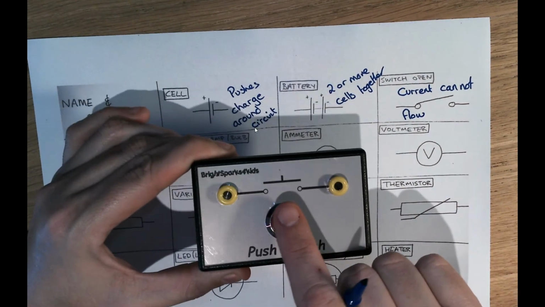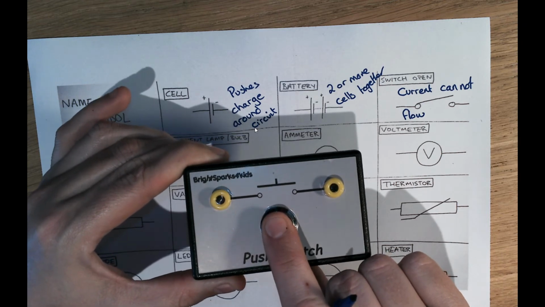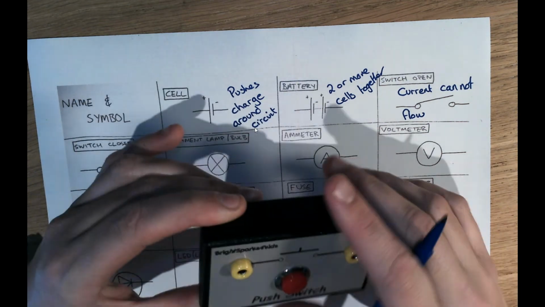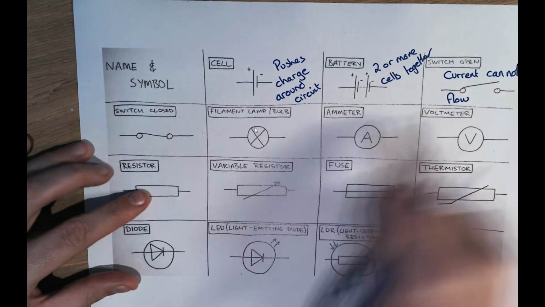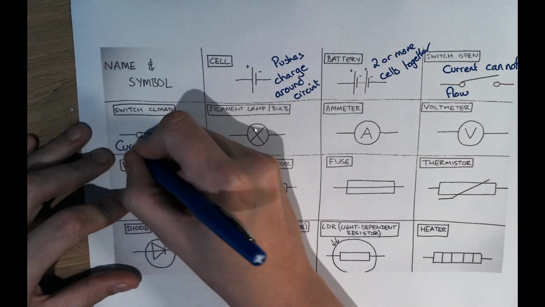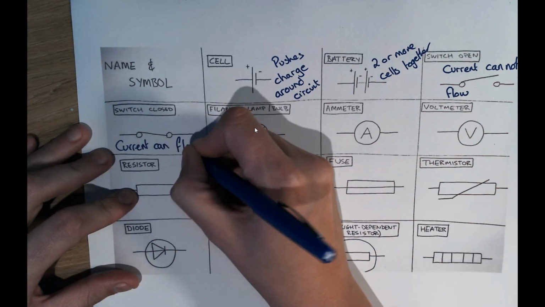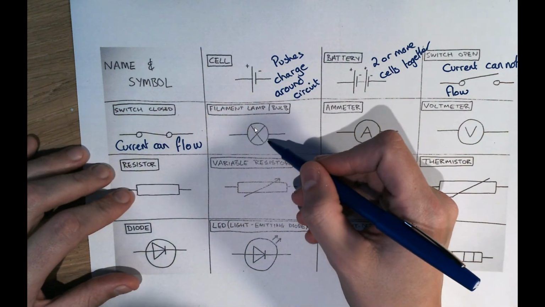When I push the button down, I push the switch in and the circuit works. When I let it go, it's released. So it's a slightly different symbol, but the symbol of an open switch and a closed switch, where current can flow, completing our circuit.